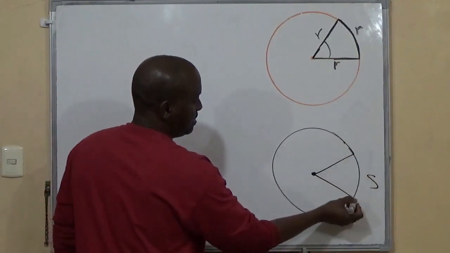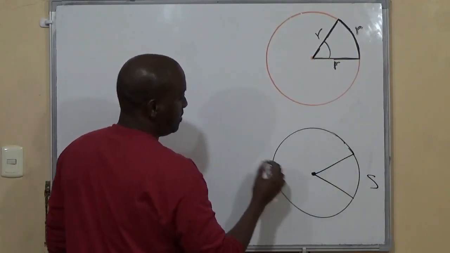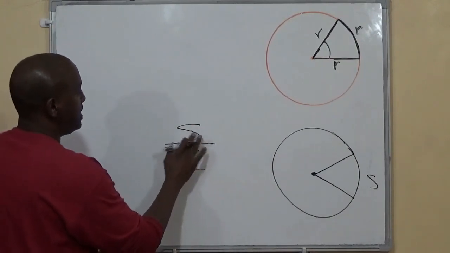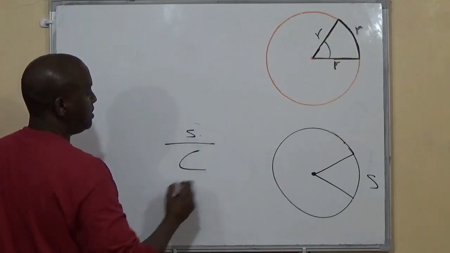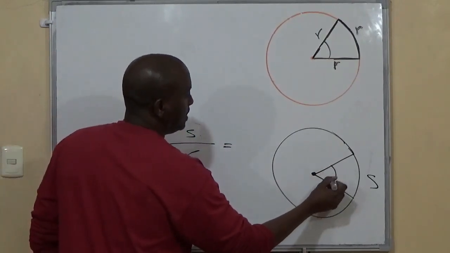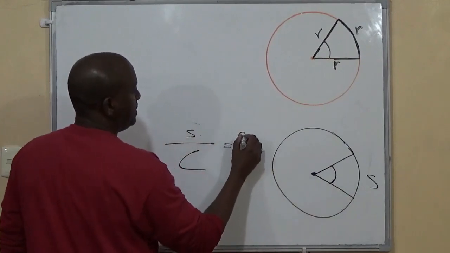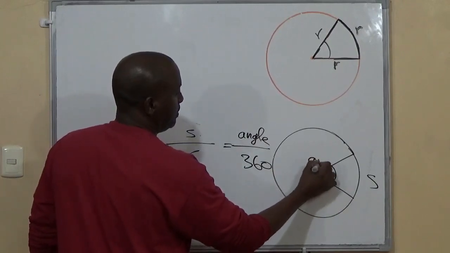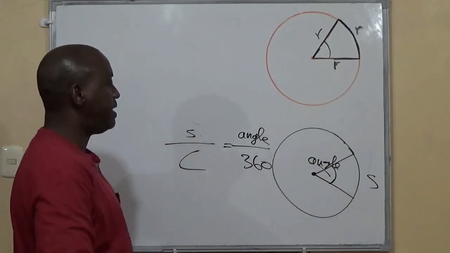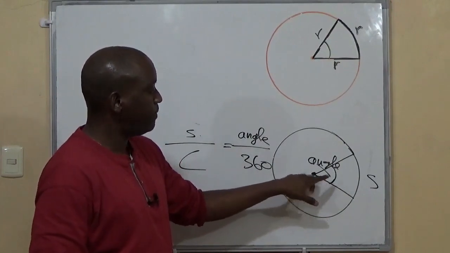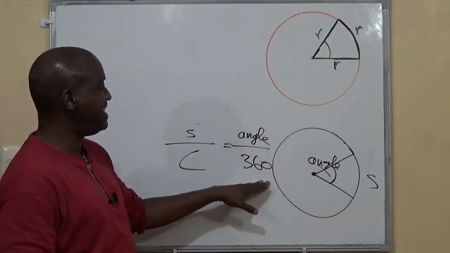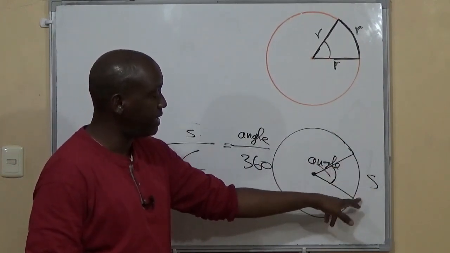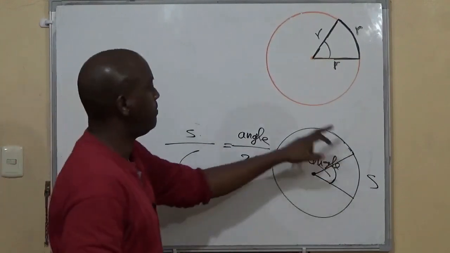The ratio of the arc S over the circumference, in other words S over C, where C is the circumference, that's capital C, is the same thing as your angle over 360 degrees. So the angle subtended by the arc S over 360 degrees is the same ratio as the length of the arc over the entire circumference of the circle.